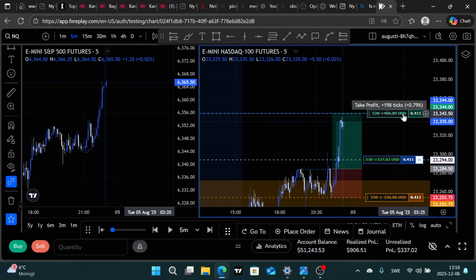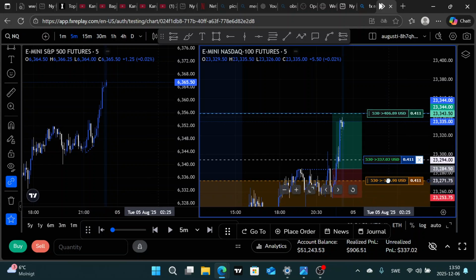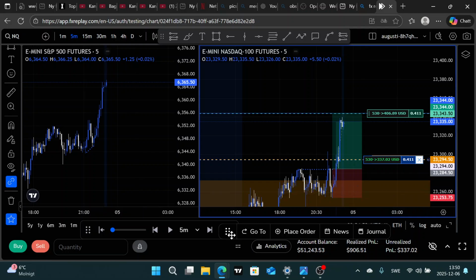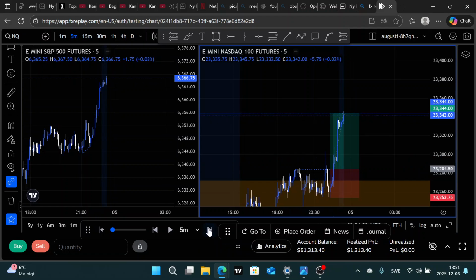When you're greedy, you don't want to take profit. So keep that in mind. And I move my stop loss right here to the entry. So this is a risk-free trade, so I don't lose any money. You know what I'm saying? Here we go.